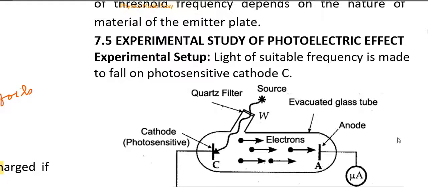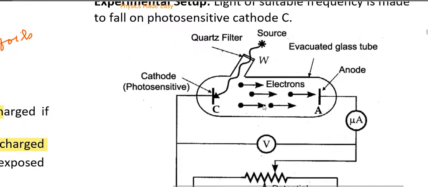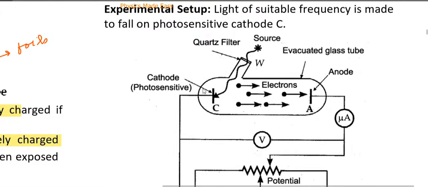So this is the experimental study of photoelectric effect. Light of suitable frequencies is made to fall on the photosensitive material. Here I have the photosensitive material on the cathode. This is the source of light. Light comes in here. Here we have a quartz filter, and electrons are emitted.